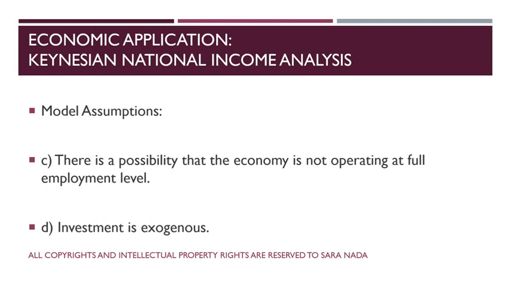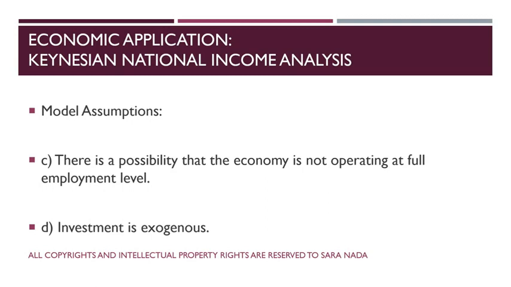Continuing with the model's assumptions, the third assumption is that there is a possibility that the economy is not operating at the full employment level. Remember when we were stating the main differences between the Keynesians and the classicals?